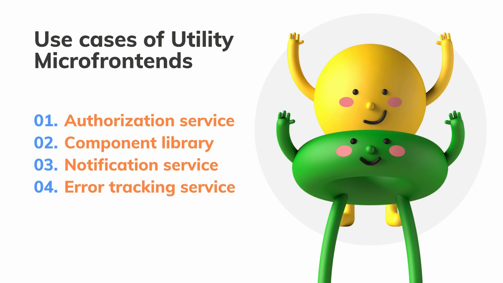But in today's video we are going to discuss in detail the first two key use cases, which are how we can store this authorization logic inside our utility microfrontend, and how we can store our reusable components inside our utility microfrontends, and how we can share those components across other microfrontends. So those are the things we are going to look into in today's video.